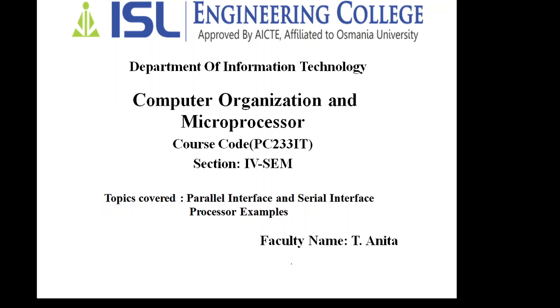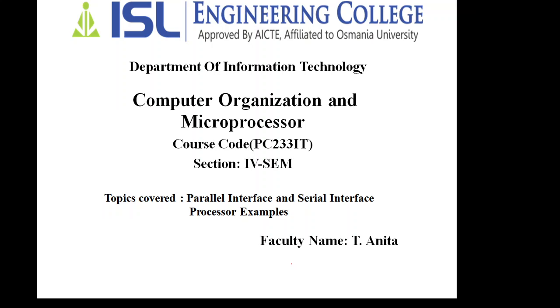But when it comes to the parallel interface and the serial interface, the major concept is that it is the communication medium. In order to create a link between the processor and the peripheral devices, we need an interface.